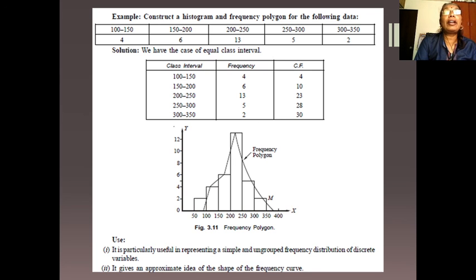For example, in the group of 100 to 150 trees, they produce 4 kg yield. 150 to 200 plants, they yield 6 kg. 200 to 250 plants, they yield 13 kg. 250 to 300 plants, they yield 5 kg. As well as 300 to 350 plants, they yield only 2 kg.